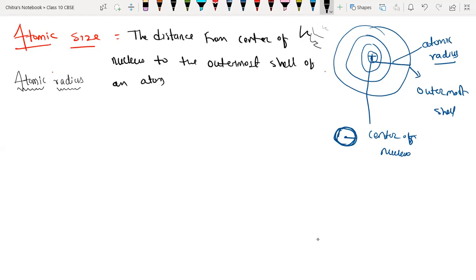Okay, the distance from center of nucleus to the outermost shell of an atom is called atomic radius. Atomic radius, is it or not?